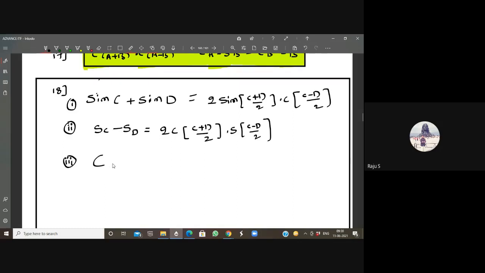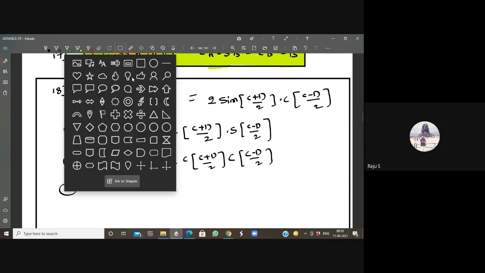Next, cos C plus cos D is equal to 2 cos (C+D)/2 cos (C-D)/2. Here capital C is the angle.